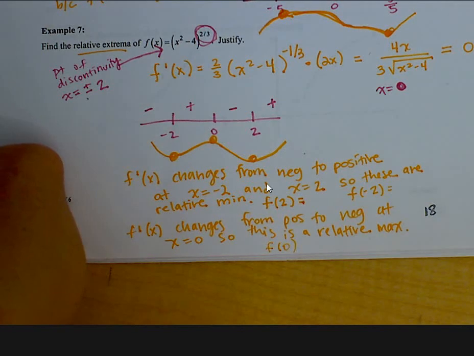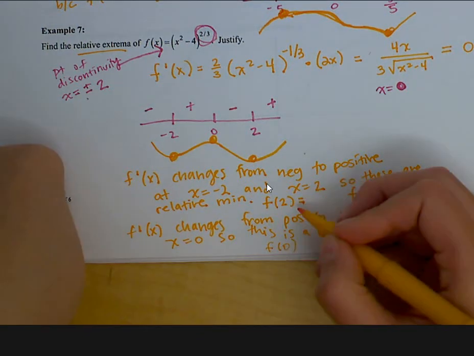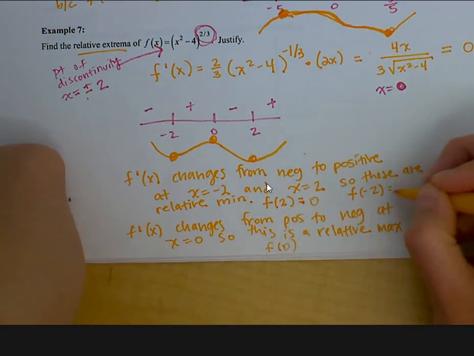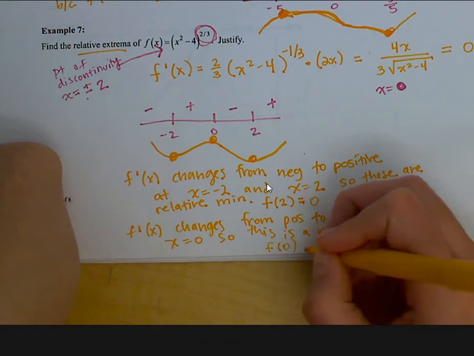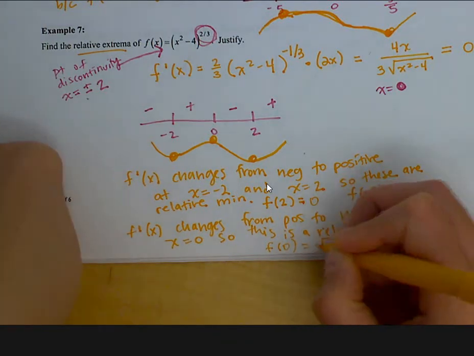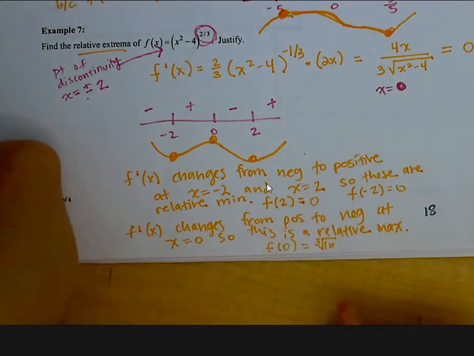So f of 2 and f of -2 are going to be 0. And if we plug in f of 0, we will get the cube root of 16. So this is my relative max value, and these are my local minimum values. Okay.